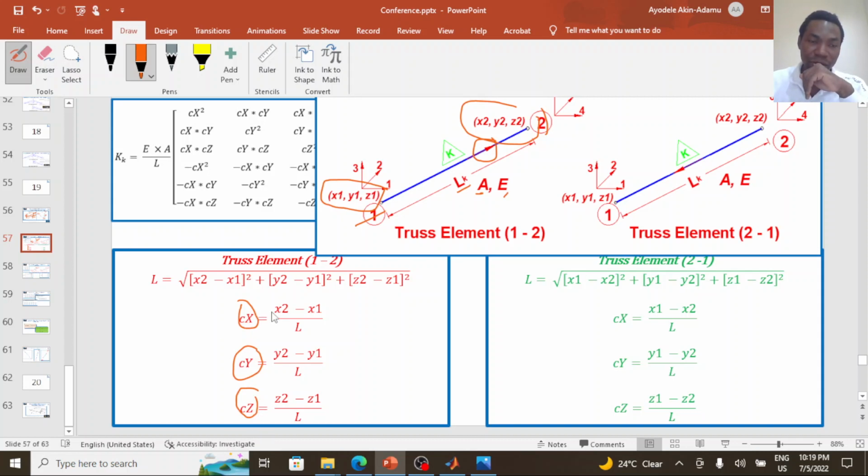The cosine angle in the x direction is just equal to the difference in length in the x direction divided by the overall length. The cosine angle in the y direction is the difference in the y direction between the two nodes divided by the overall length. Likewise for the z direction.